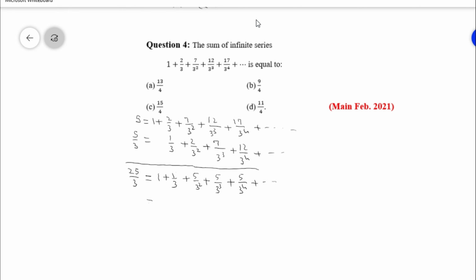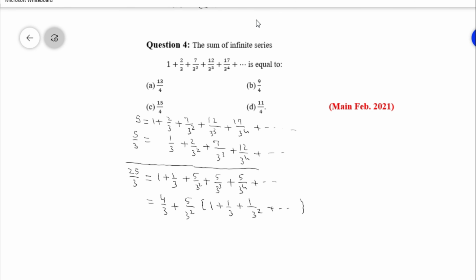Now this can be written as 3 plus 1 plus 1/3, 4 by 3, this is 4 by 3 plus, now 5 by 3 square can be taken common. So this will be equal to 1 plus 1 by 3 plus 1 by 3 square and so on.